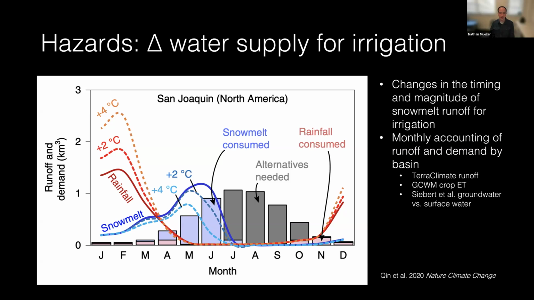And so what we're worried about are these places where basically the gray bars where you need these alternatives like the reservoir storage and the interbasin transfers to meet demand. We're concerned about basins where the gray is growing and the blue is decreasing.